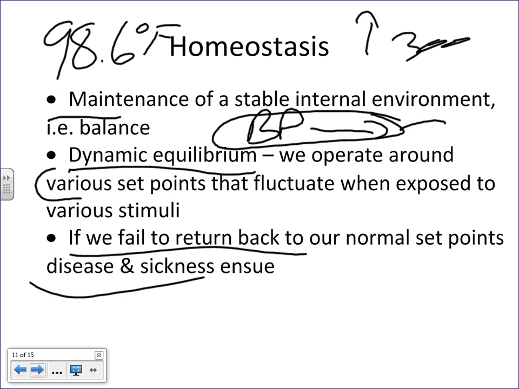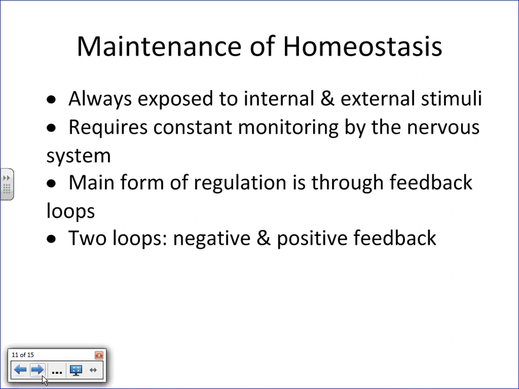All right, so that's the concept of homeostasis, maintaining balance, and we maintain balance through basically what are called feedback loops. Okay, feedback loops. So like I mentioned earlier, we have this constant monitoring system, the nervous system. Again, there are some organs that do kind of self-regulate themselves.